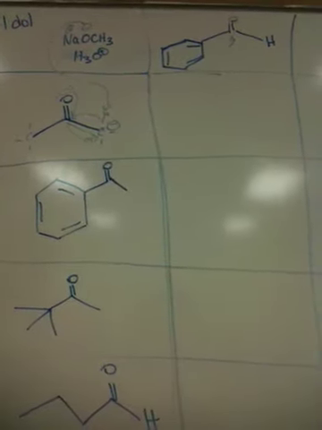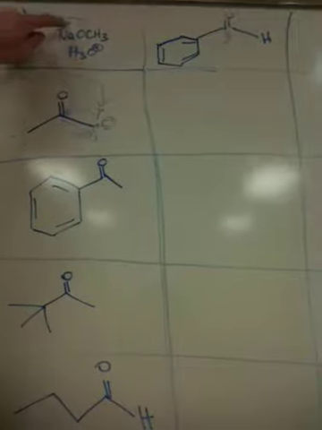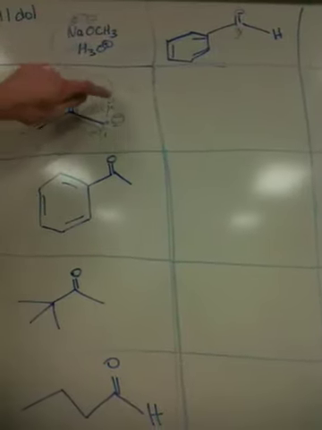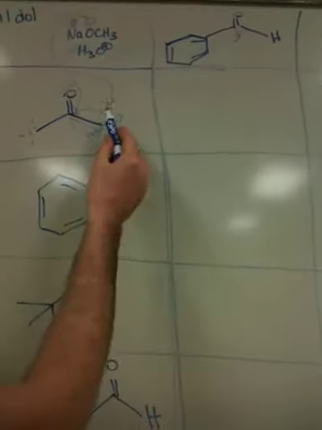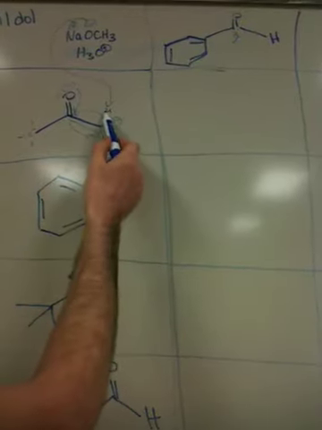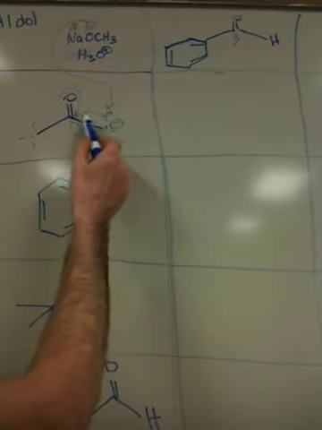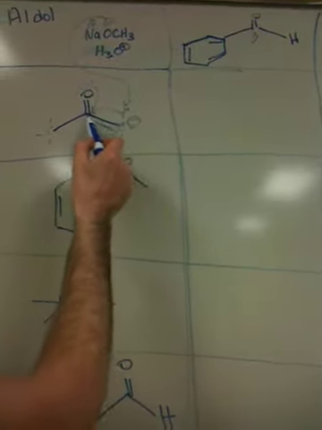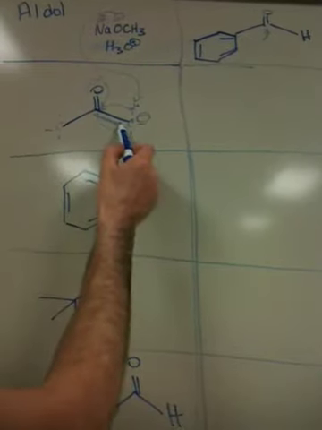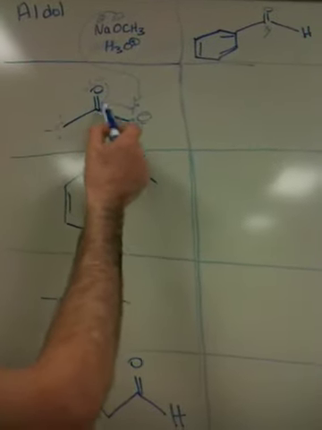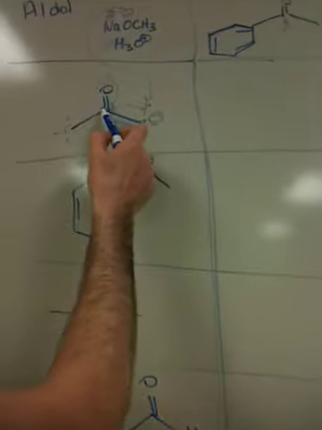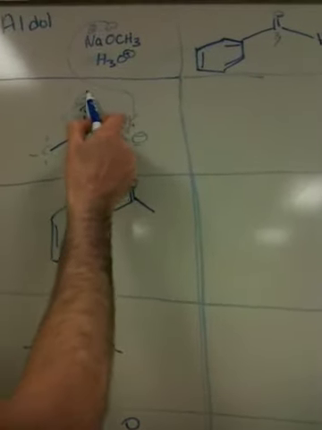So that was a little sketchy. I'll go over it one more time. The negative comes down, grabs an H. This H leaves. This free electron here gets drawn to here, makes a double bond right here. Since carbon can't have 5 bonds, it kicks this one up, makes it negative.